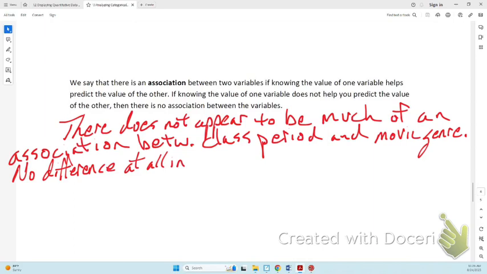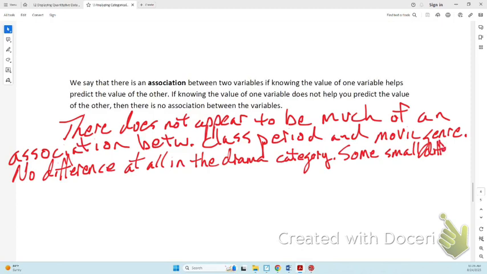In the drama category, some small differences in action and horror.